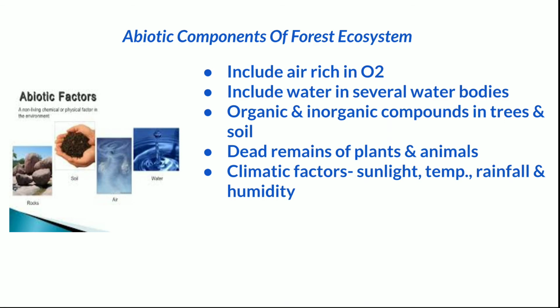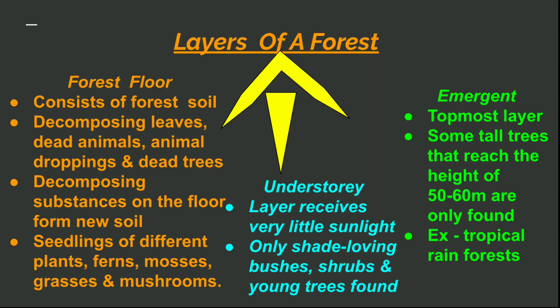Next we come to the layers of the forest. There are three layers of the forest: the forest floor, the underneath layer, then the understory layer, and then the emergent, the topmost layer. The forest floor consists of forest soil, decomposing leaves, dead animals, animal droppings and dead trees.